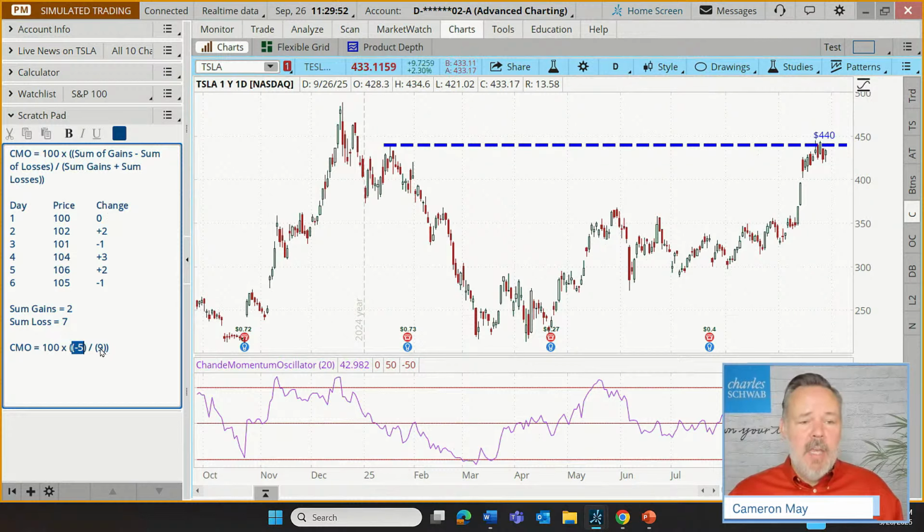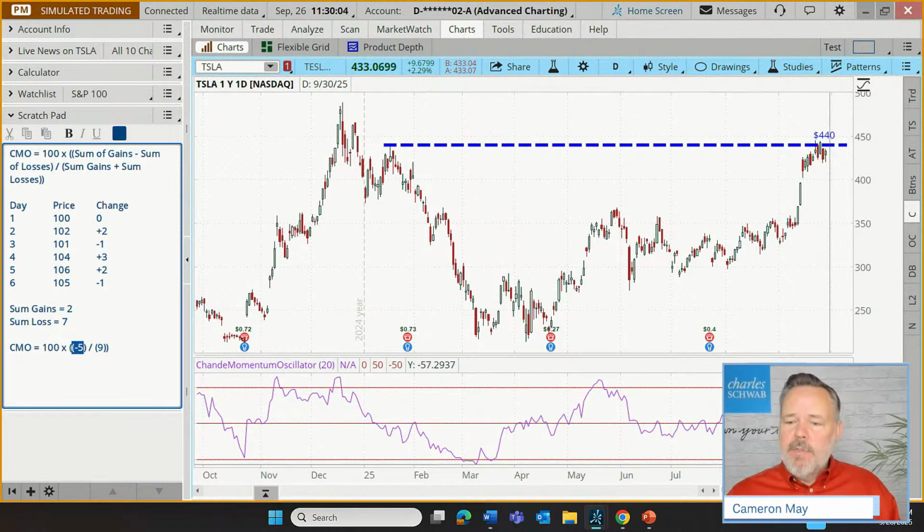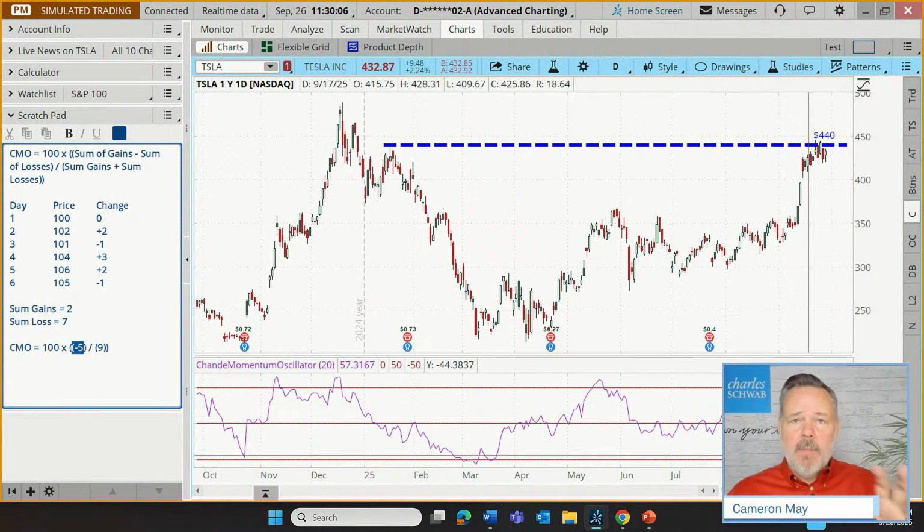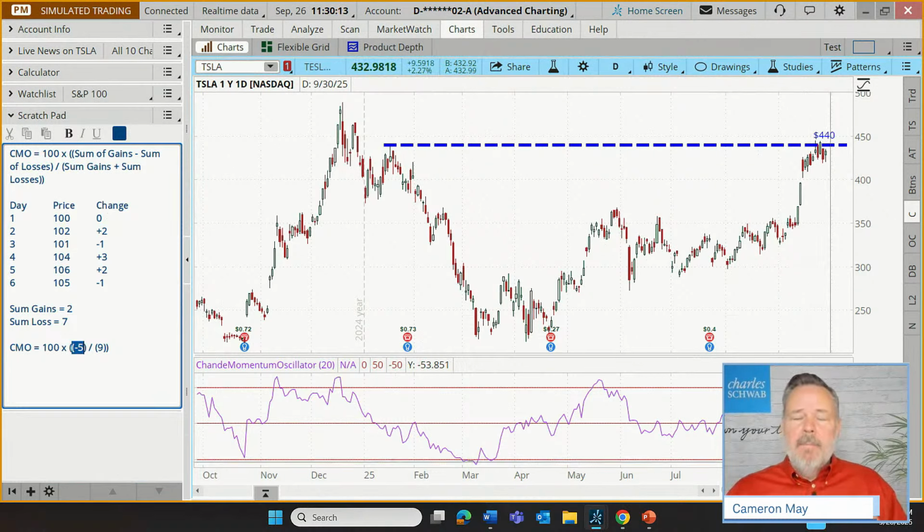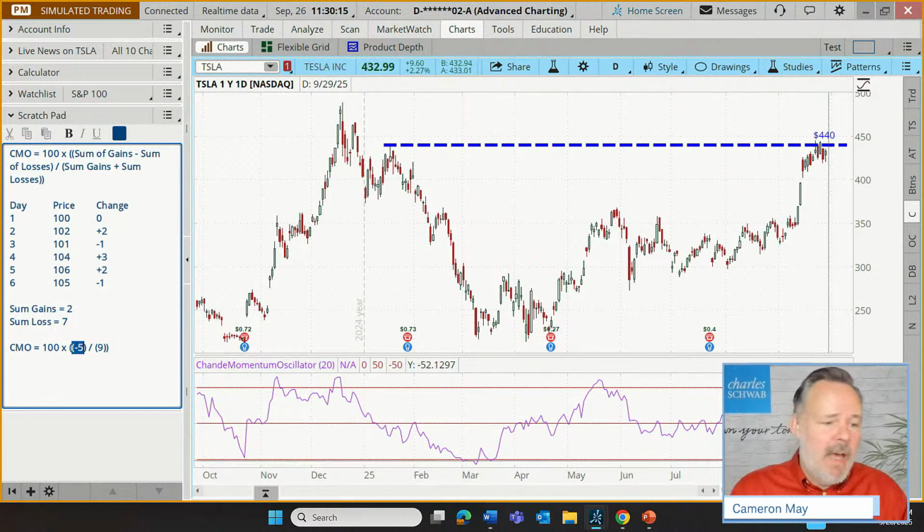The denominator is not going to change. It's still going to be 7 plus 2, so it'd still be 9. Negative 5 divided by 9 would give us a minus 55. So it inverts the equation, and we wind up with values that are down below 0. And in that case, that would be interpreted to be quite extreme as far as the Chande oscillator is concerned. And that would be a negative value.